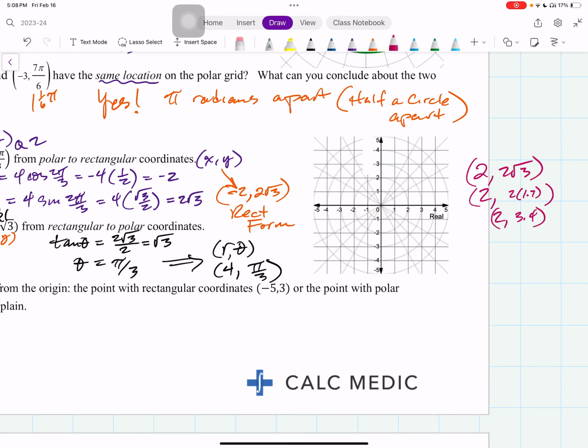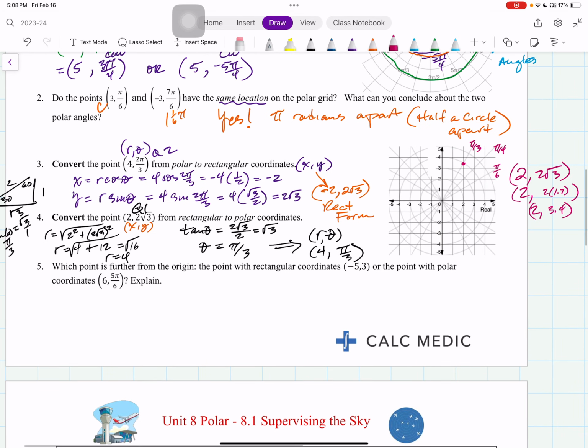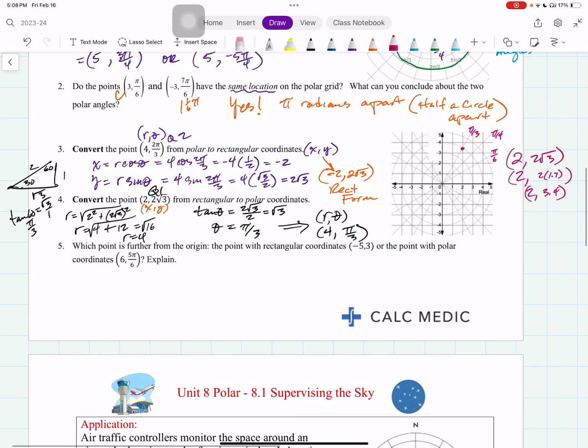So you go right 2, up 3.4, which would be right about here. And if you look at it, this is pi sixths, this is pi fourths, and this is pi thirds on the polar grid. This makes sense, okay? It's on the line there, right at the angle pi thirds, and that's the polar angle. Check it out. So it actually makes sense when you graph it.